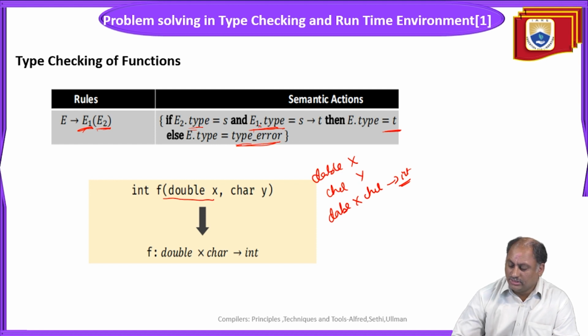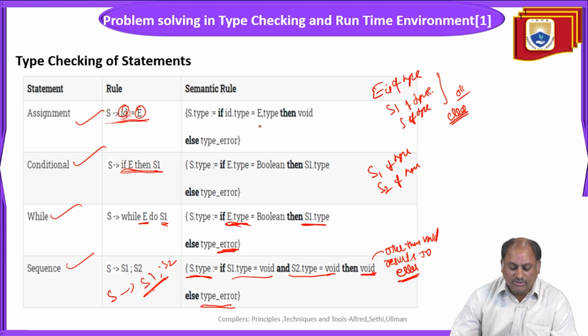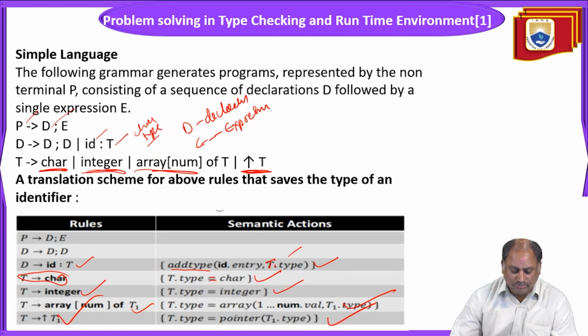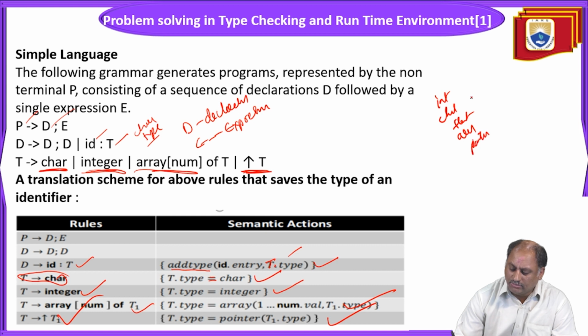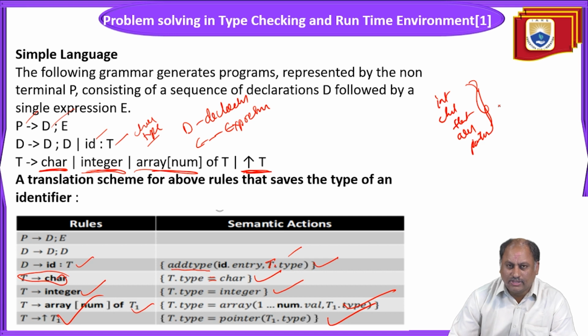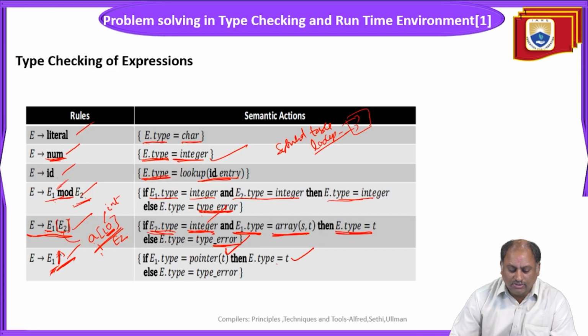So in this case, we have seen how type checking can be done for a simple language. Simple language means individual statements with integer, character, float, array, pointer. Like this, each of the expression values is checked for whether it is of type identifier or not. And second, type checking of expressions.